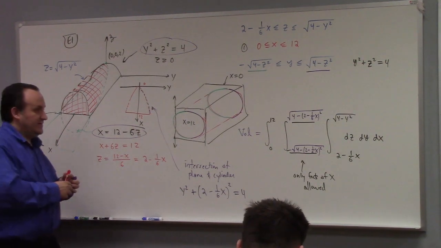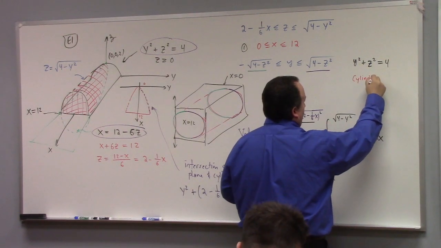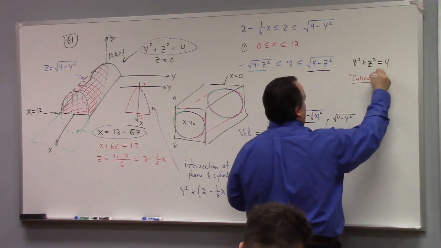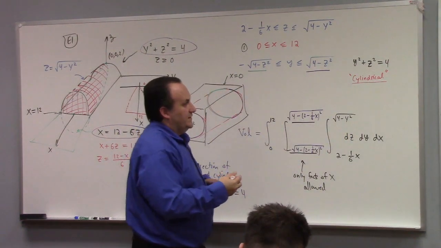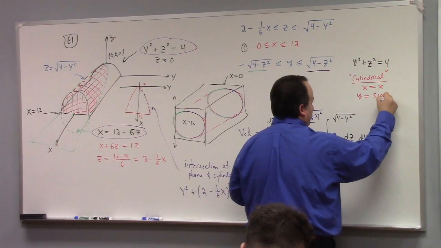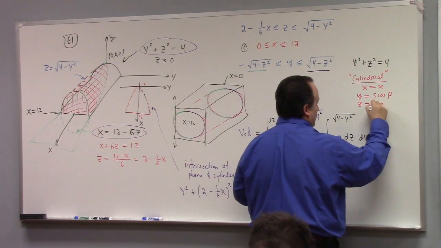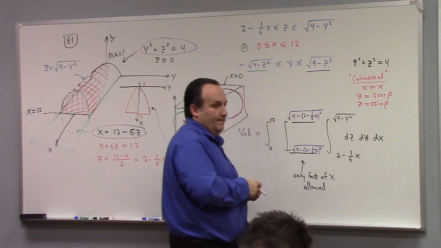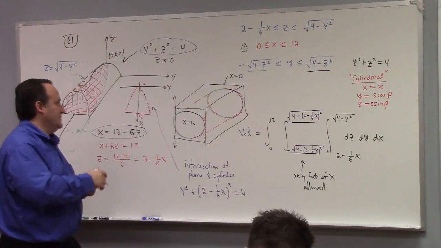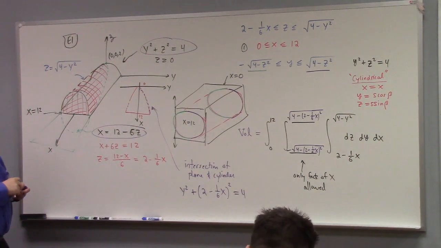Right, yeah, I would use modified cylindrical coordinates. x equals x, y is equal to s cos beta, and z is equal to s sine beta, something like that. Because x is playing the role of z, and we're talking about a cylinder that has x as its axis. So if I made that change of coordinates, I should be able to do this integral with a little bit less pain.